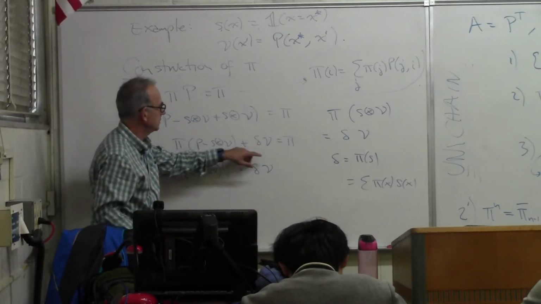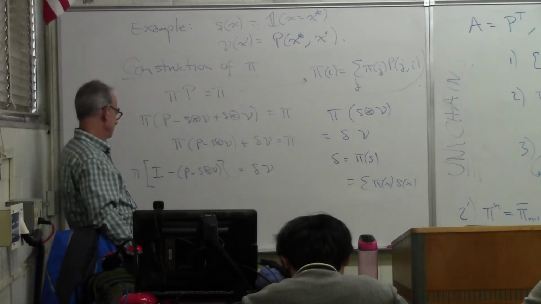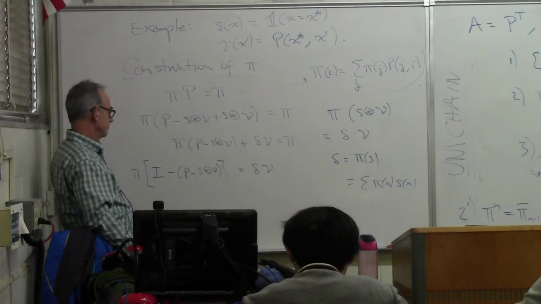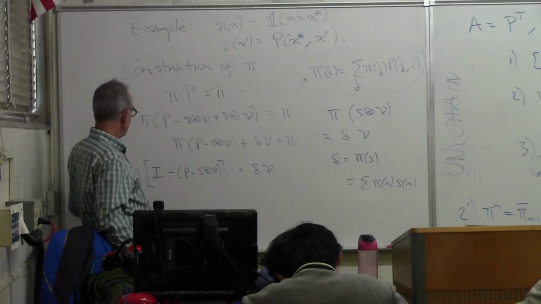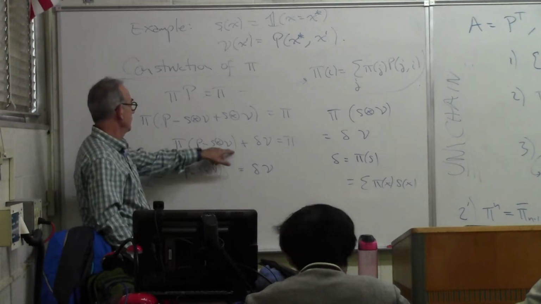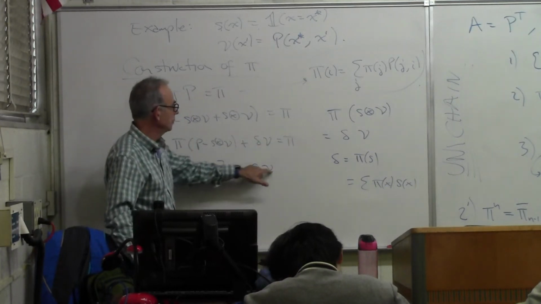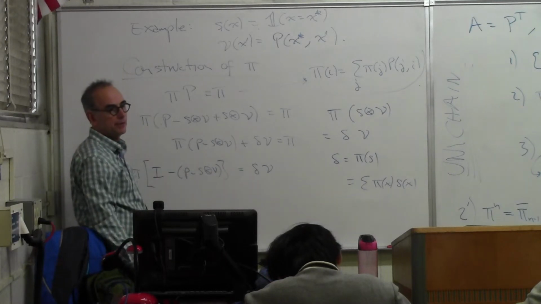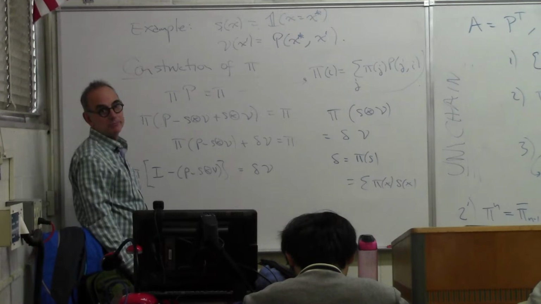I've taken this and moved things around a little bit, re-scrambled. So I've got a pi here, a pi there. I've got a minus pi times (P minus s cross nu). That's because I moved this to the right-hand side. I've got the delta nu, so I just flip things around because it's the right order for me. All right? So I invert, I'm done.